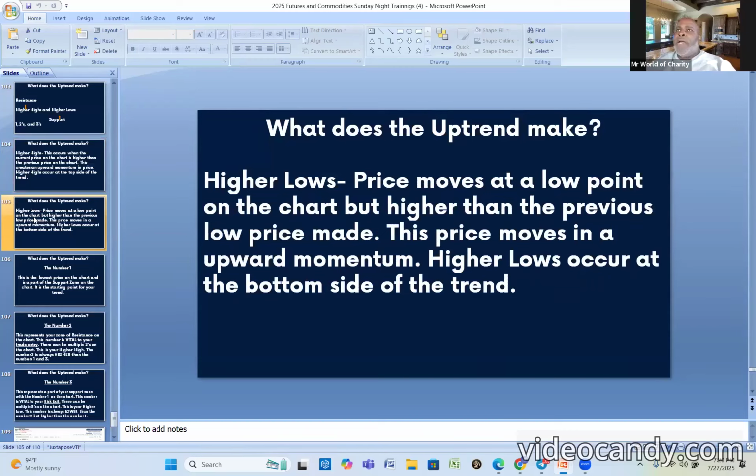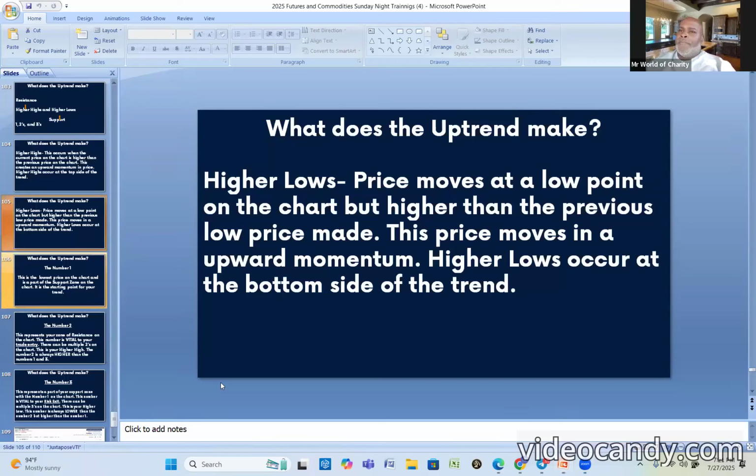When we have the higher lows or the higher support, whichever you like to call it, that means price is moving at a low point on the chart, but higher than the previous low price on the chart. So that means the support or the lows moving higher.